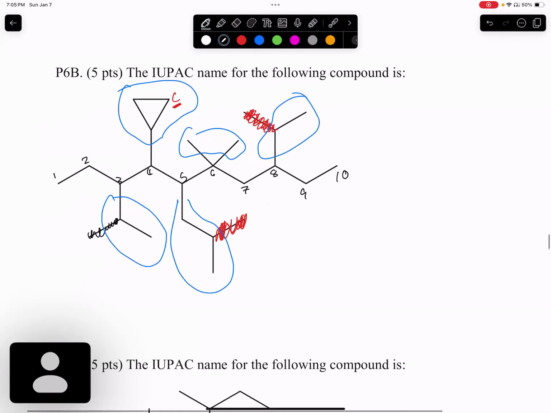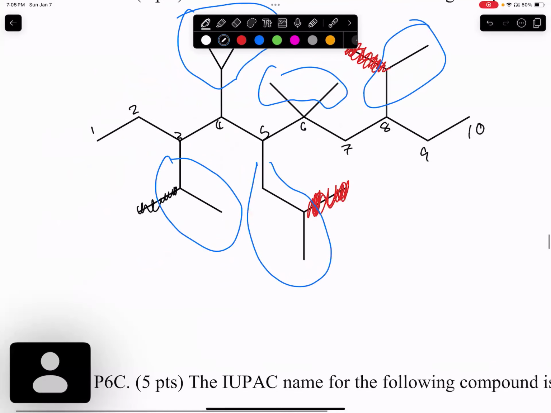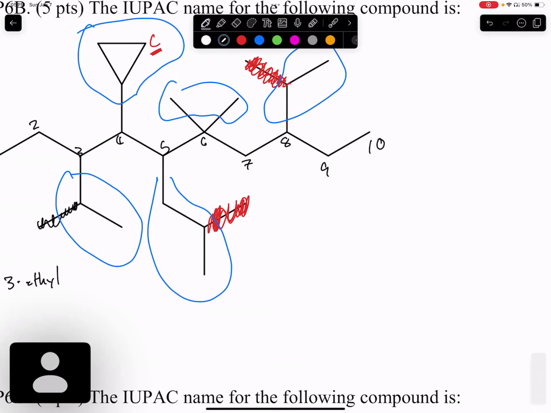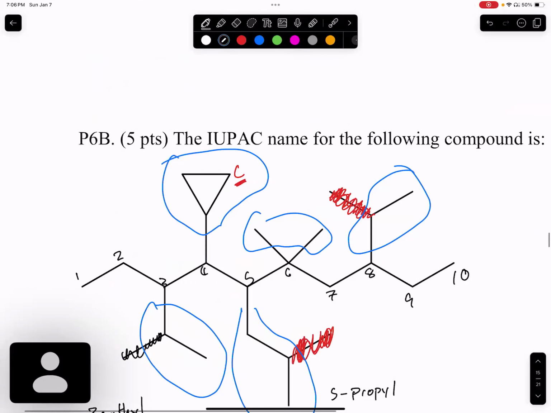So first one in blue, that is a 3 ethyl, right? 5 is what? It's a 5, 1, 2, 3. How many carbons is that? What's the prefix for that carbon? Propyl. How about on 4? I just gave you hints.